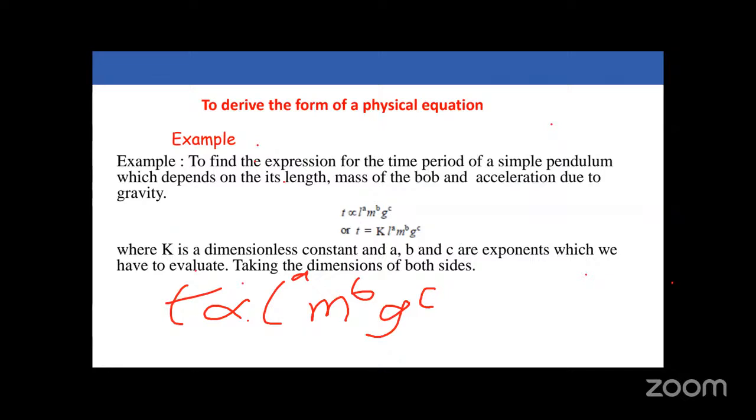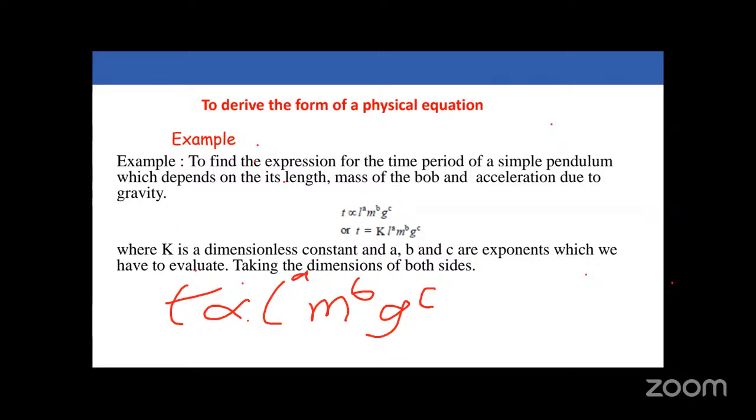So if I take off this proportional sign, I will replace it with a constant. Remember that in physics or mathematical science, parameters can be related directly or inversely, that is directly proportional or inversely proportional.